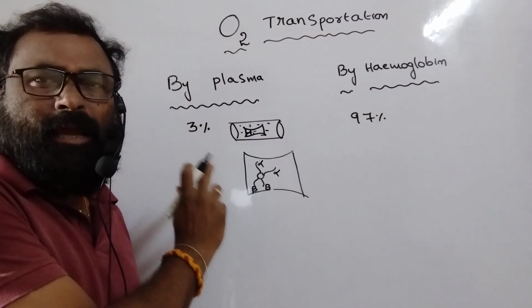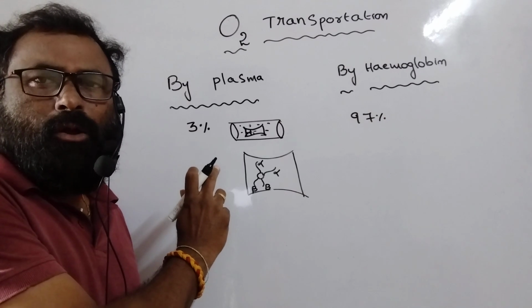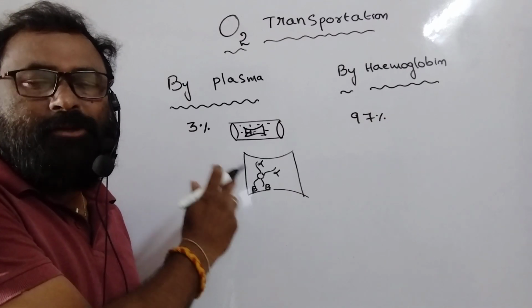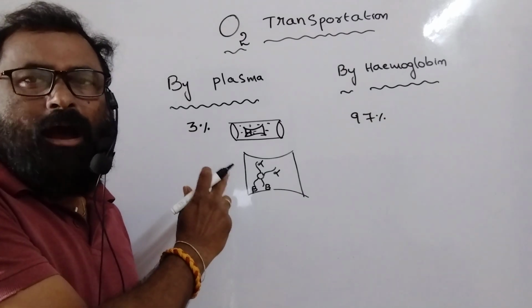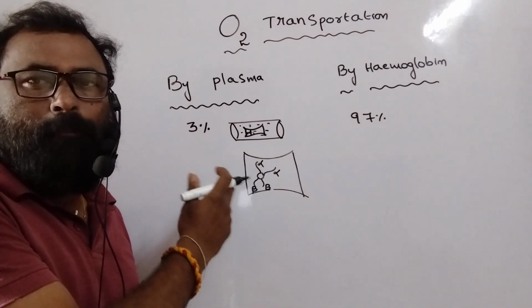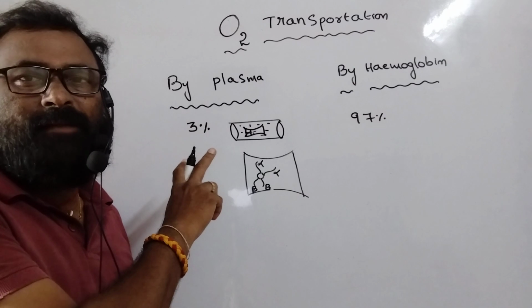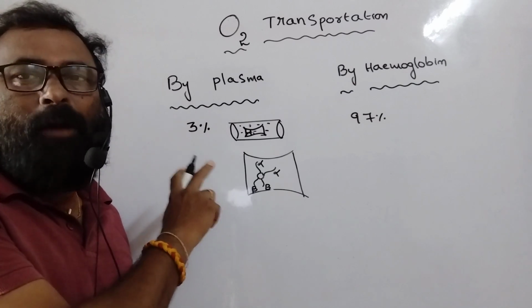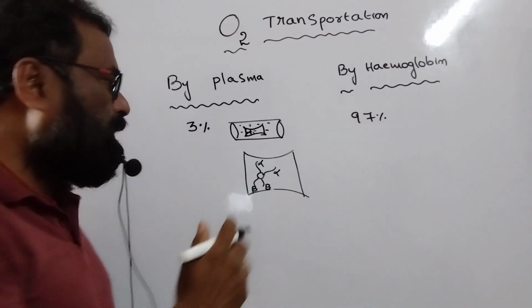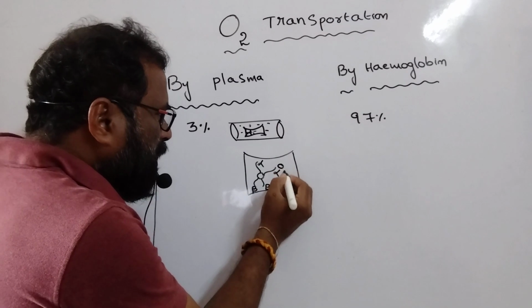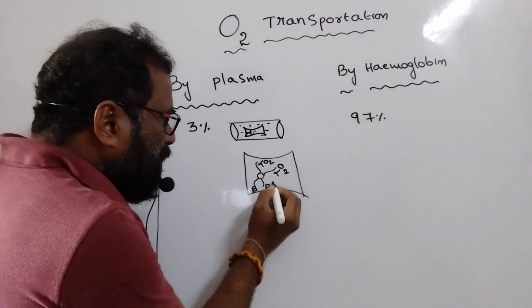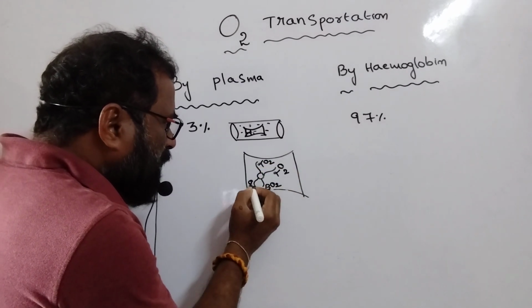Hemoglobin has two varieties of polypeptide chains: alpha polypeptide chain and beta polypeptide chain. There are two alpha polypeptide chains and two beta polypeptide chains. Here it combines with four molecules of oxygen.